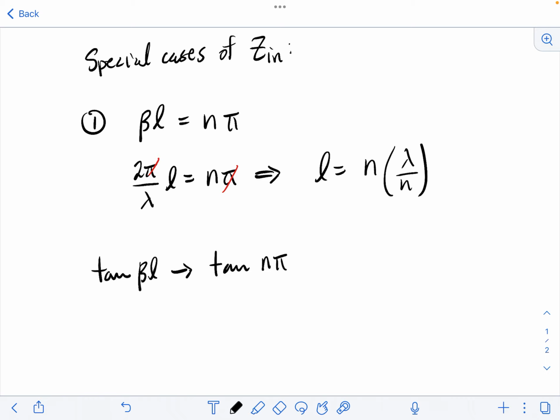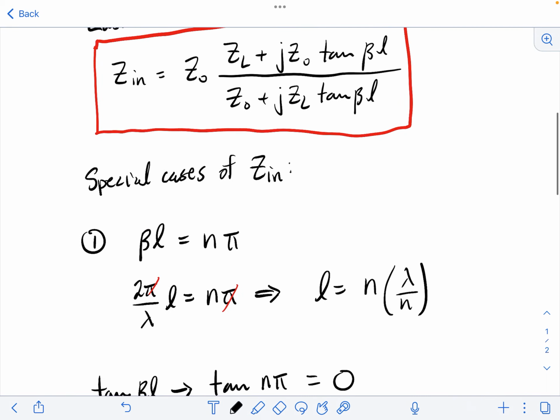Tan is sine over cos, and the sine of an integer multiple of pi is 0, and the cosine of an integer multiple of pi is plus or minus 1, so we have 0 over plus or minus 1, and that's just 0. So the terms with the tangents in the numerator and denominator go to 0, and we're left with Zn equal to ZL.